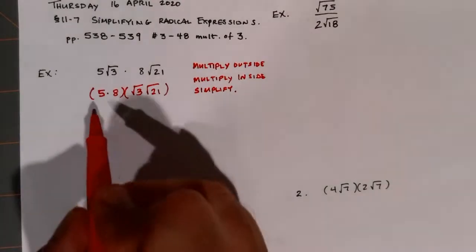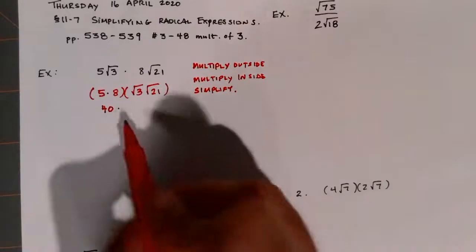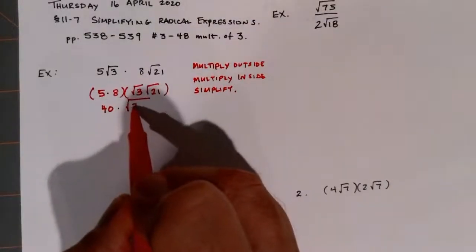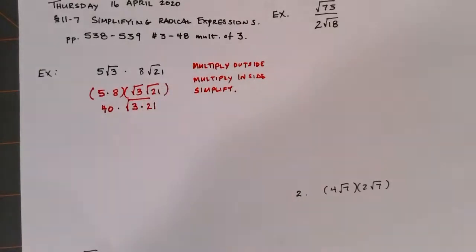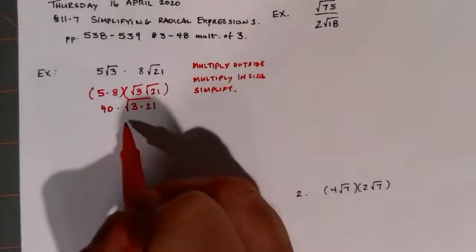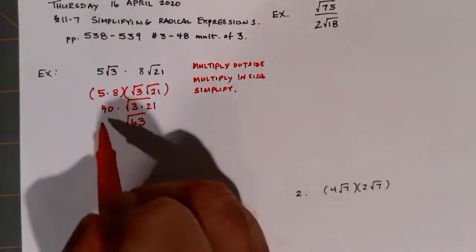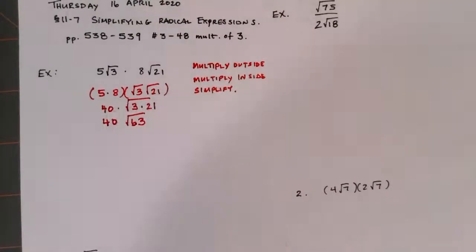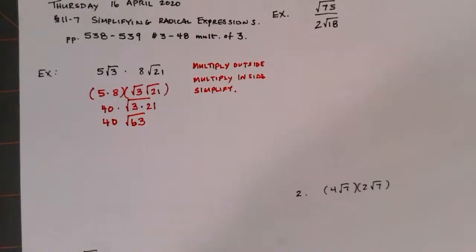So here, this is 40. And here, let's just say that that's equal to root 3 times the square root of 21, which is root 3 times 21, which is root 63. So your answer you could say is 40 root 63, which would be technically correct, but you could still simplify.